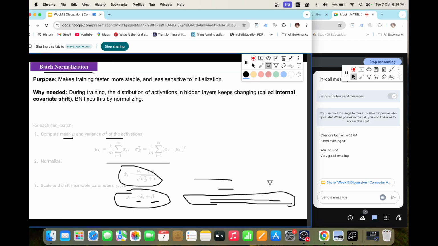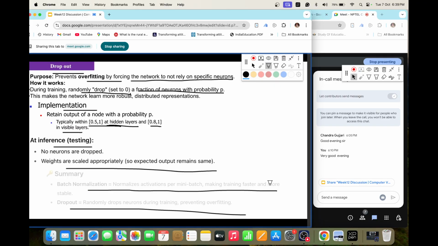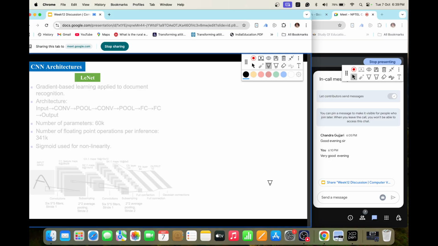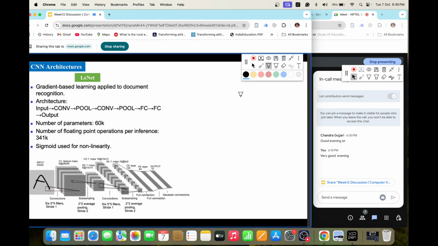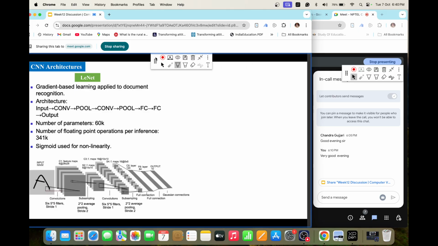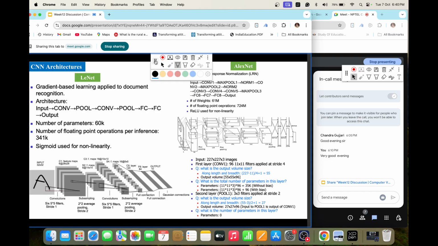After that there are some different CNN architectures. This is the pure theoretical part, so I suggest you read more and more regarding this. First the LeNet was introduced. This is the architecture. First we have the input, and it was used for example for document recognition.